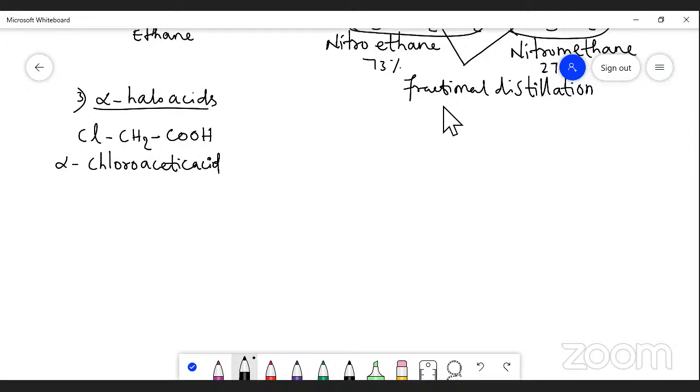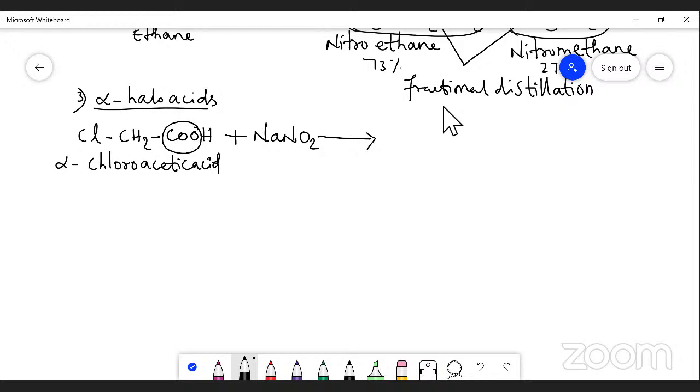You take alpha chloroacetic acid and boil it with an aqueous solution of sodium nitrite, NaNO2. And here what happened? The carbon dioxide should be eliminated.